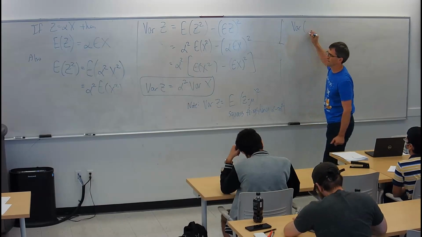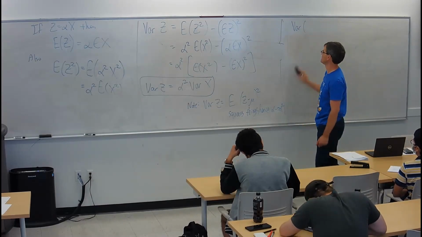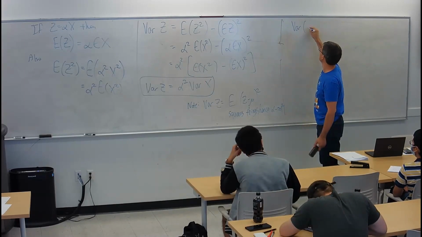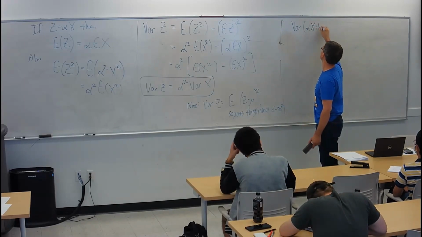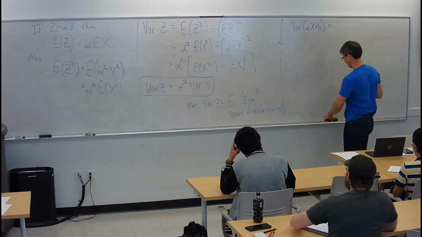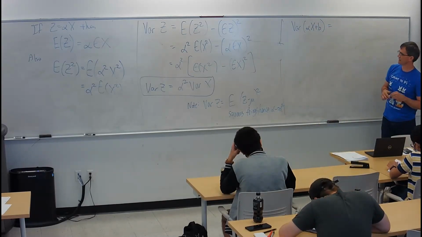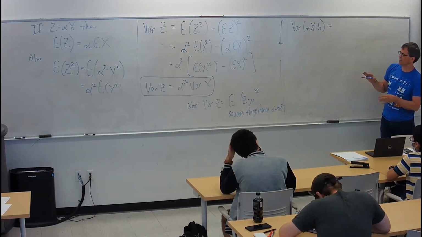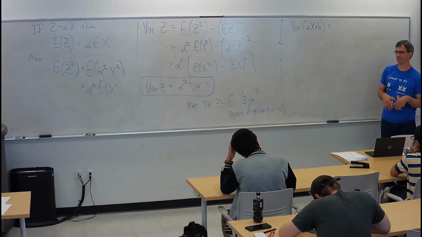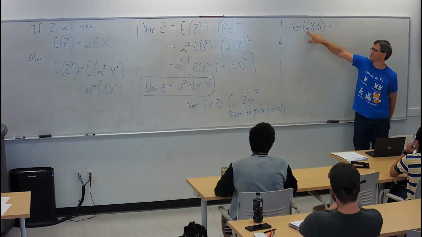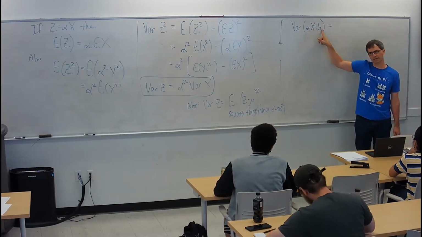Now what if I had Z equals alpha X plus B? There we had alpha X. So I'm not going to prove this one in quite the same way. I'm going to go back to the sort of intuition idea with test scores. So let's say this was your test score, X. And I doubled everybody's score, and I added 5 points.